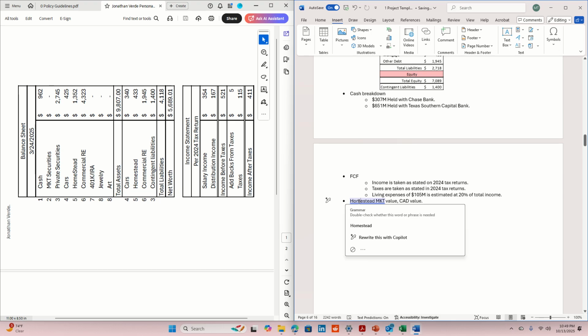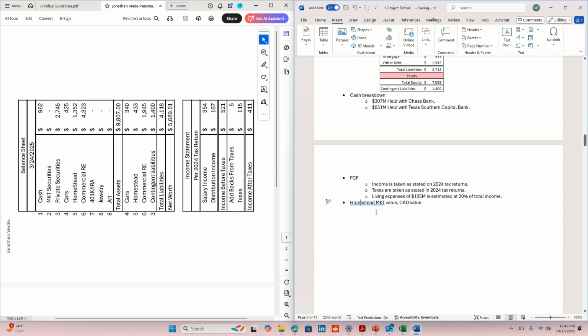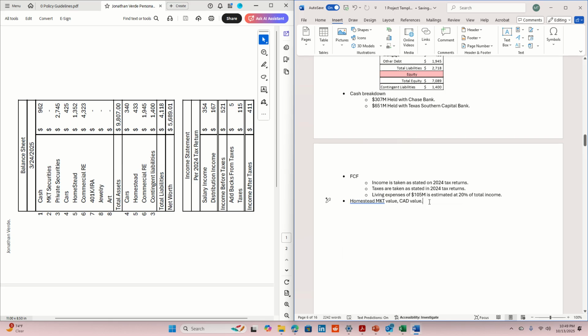So now we're going to come down here and I'm going to write down all the other assets that they have. So I'm going to break down their homestead.